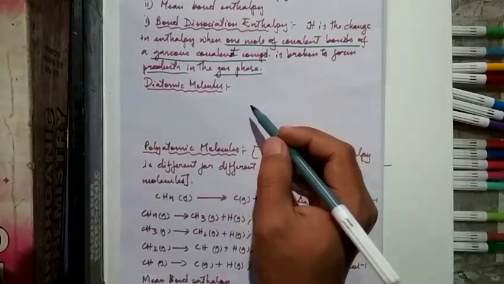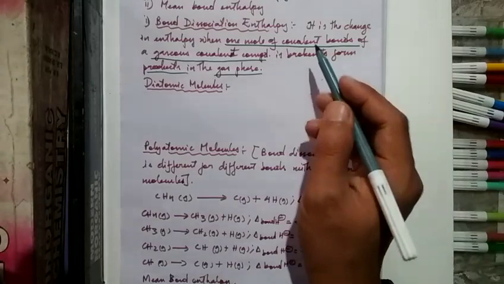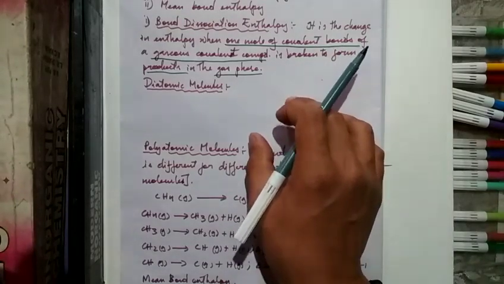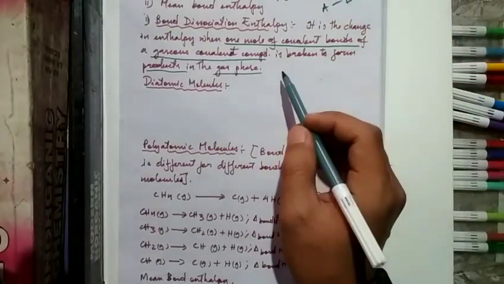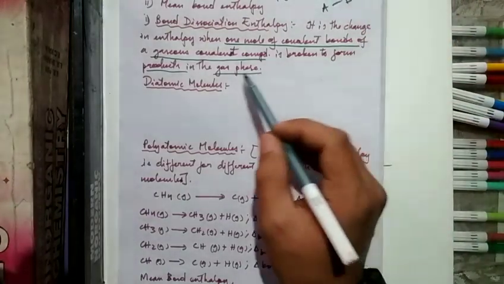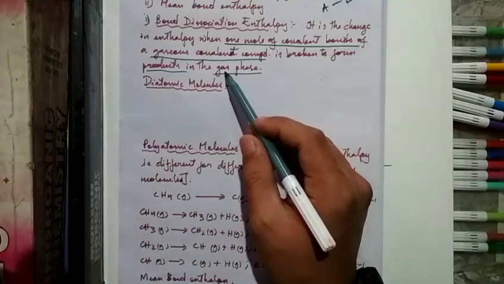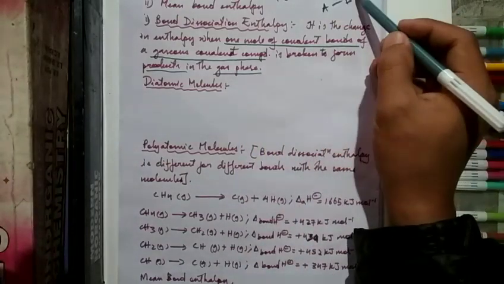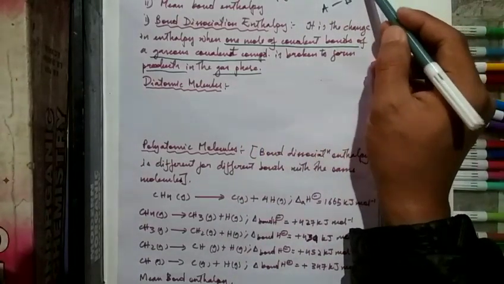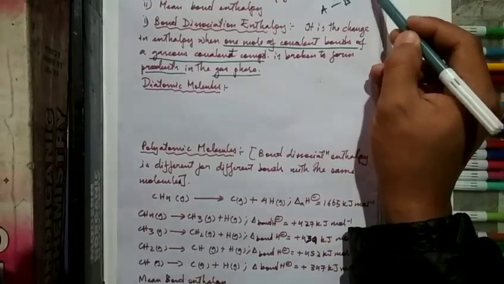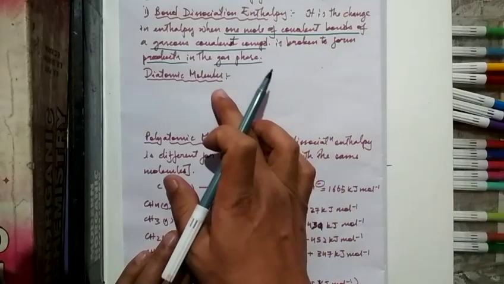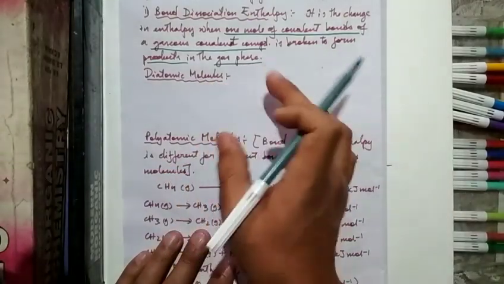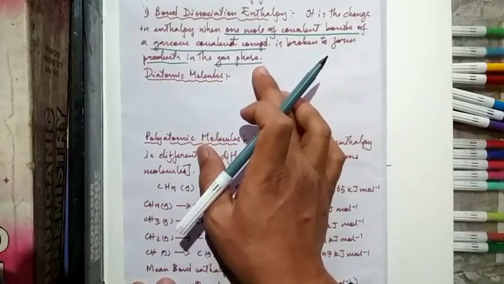So in this case 1 mole of covalent bonds will break to form products in the gas phase. So when the product is formed, it will be in the gas phase. Let's see an example. Usually diatomic molecules show this bond dissociation enthalpy.